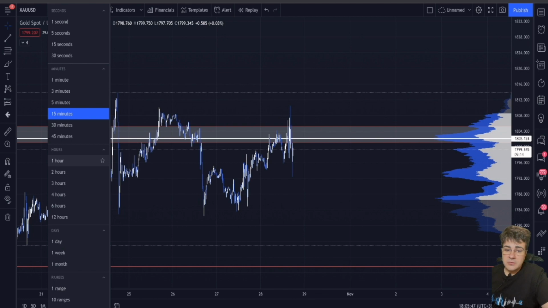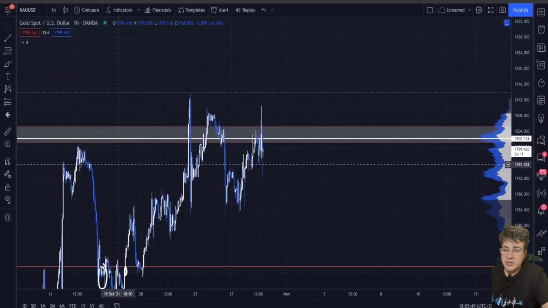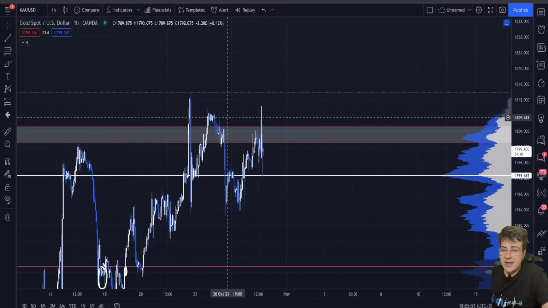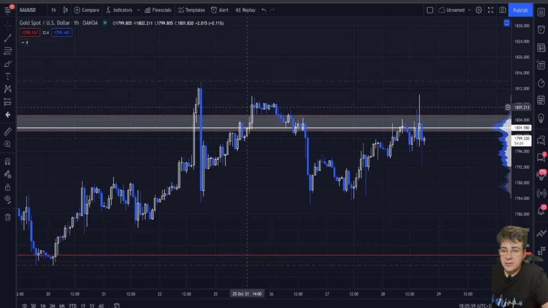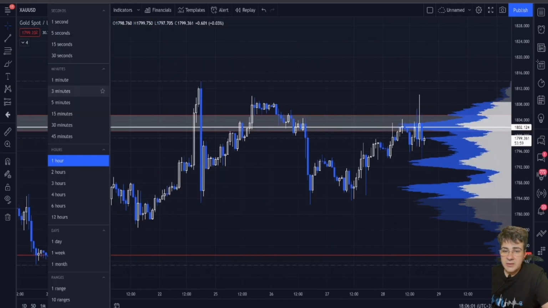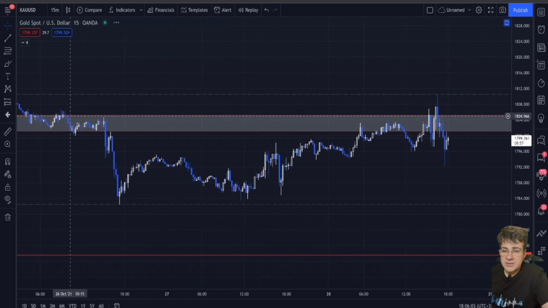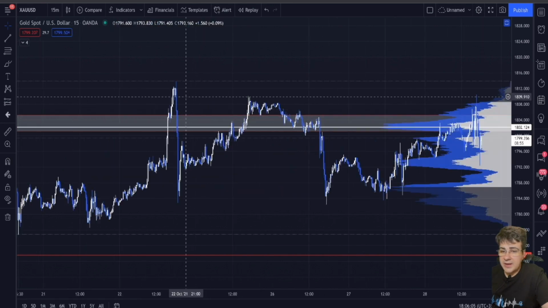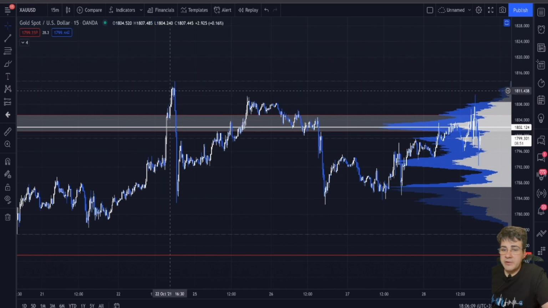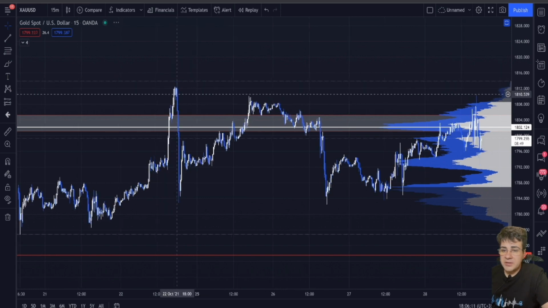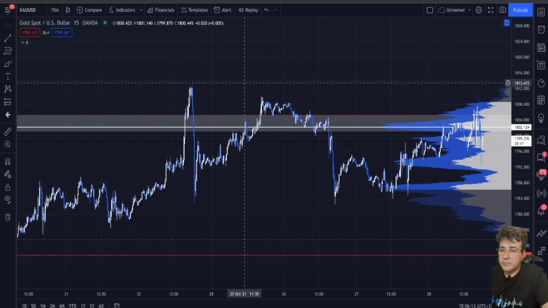If I go to the 1-hour chart, we can see that it got a lot of selling pressure from this consolidation block, and I think that on the 15 minutes, this here is the actual bearish order block combined with the supply zone right here.